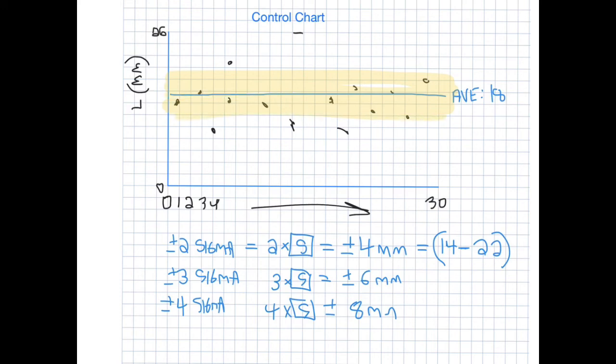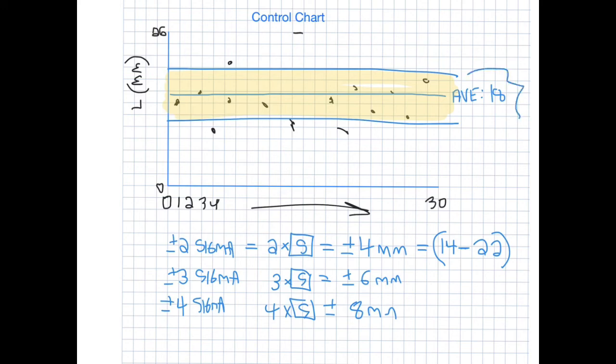And then I'm going to want to actually label that as well. You can do a neater job than I'm doing here, but you could somehow label this as plus or minus 2 sigma. And then I want you to also label plus or minus 3 sigma. So plus or minus gives you another 2 beyond that.